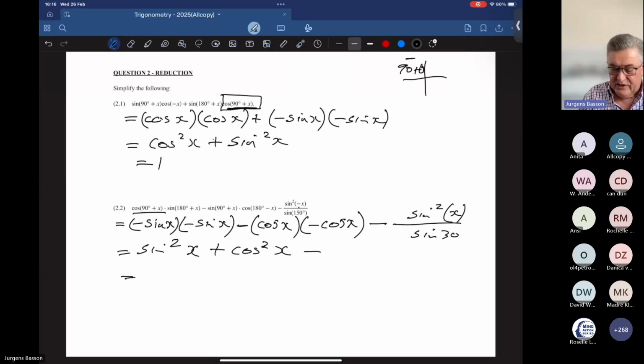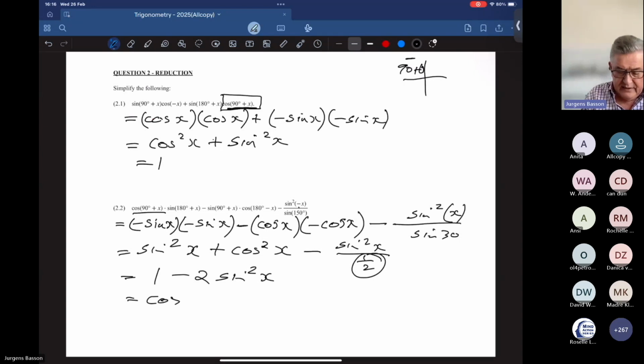Minus sine squared x. We will leave it like that, divided by sine 30 is a half, the special angle. This becomes 1 minus, if I tip and times the half, I will get 2 sine squared x. And that is my double angle for cos.